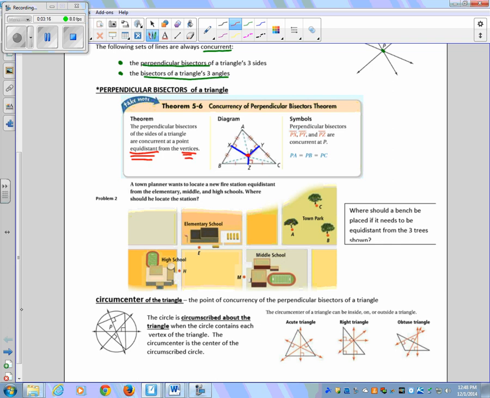So this point here is equal distance from point A, B, and C. It's the same distance.